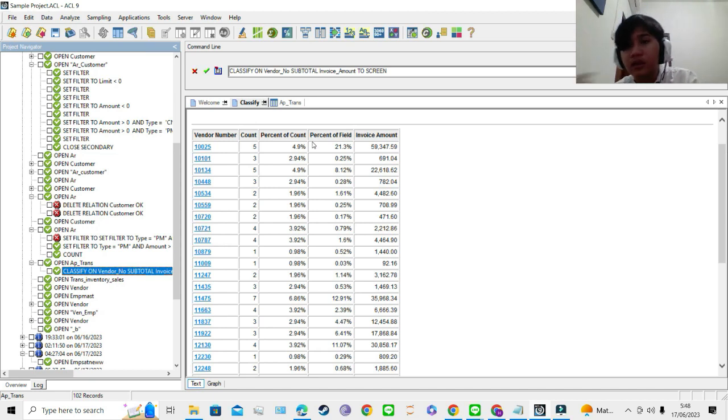What it means is that these fields, even though they give a small number of invoices, give a big amount value of data. That is why we can see there is a big pattern that exists.